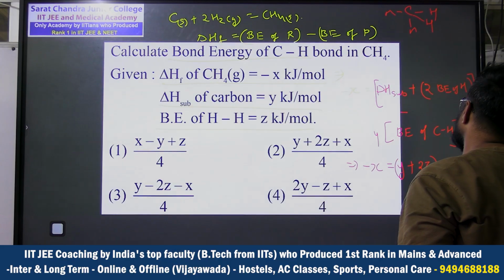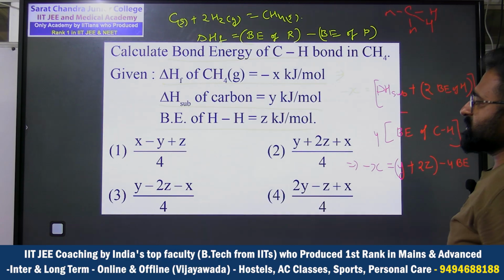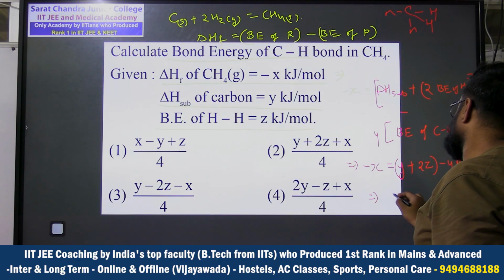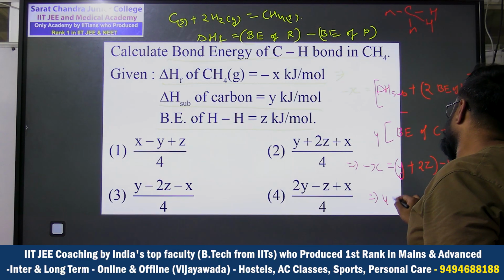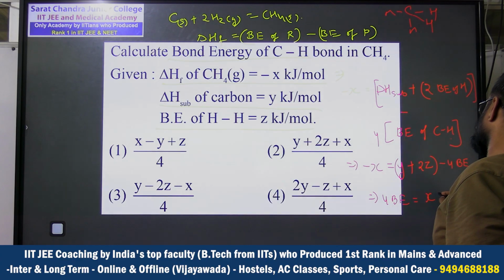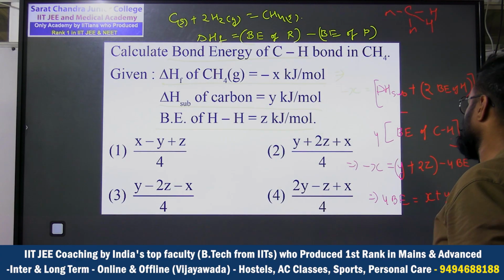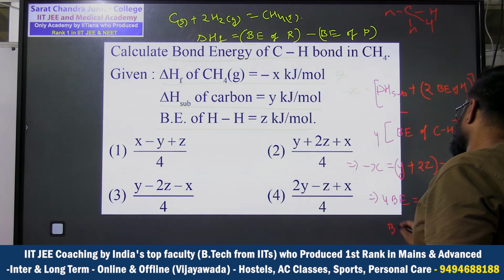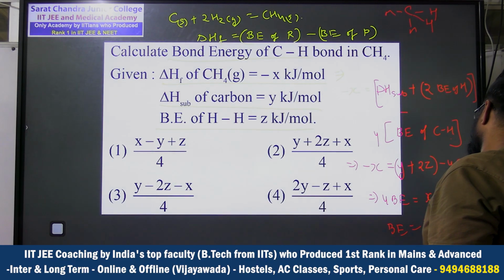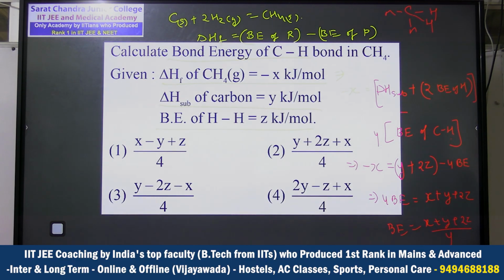So 4 times bond energy is equal to X plus Y plus 2Z. So the bond energy will be (X plus Y plus 2Z) by 4.